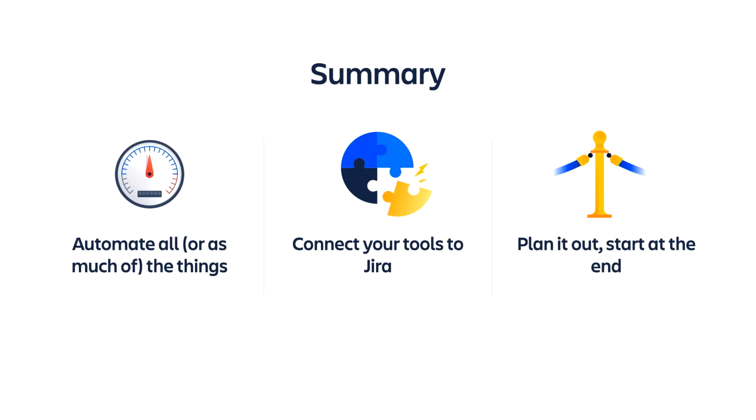So that being said, let's summarize really quickly what I talked about here. If you didn't pay attention to anything, if you just weighed these three key things, that's basically the gist of what I've been trying to say. First things first: automate all or as much of the things as you can. Automation isn't an end-all, be-all. It's not all or nothing.